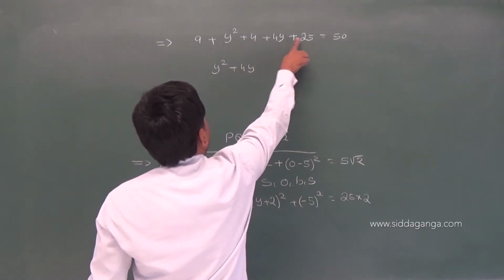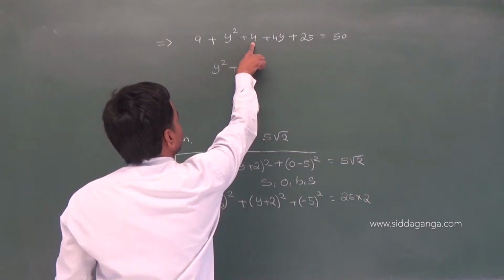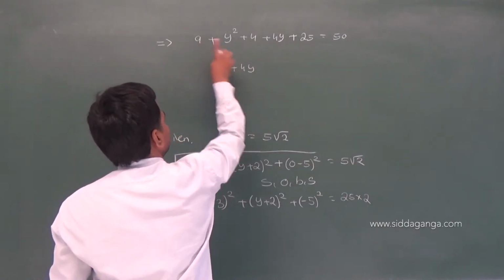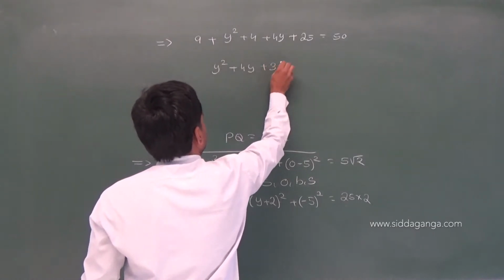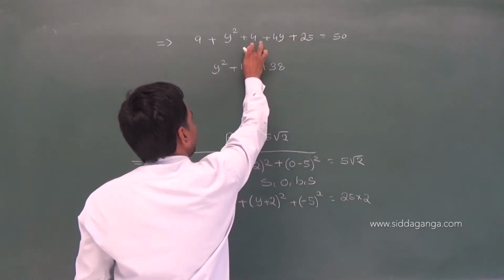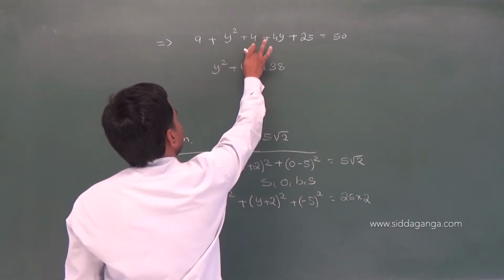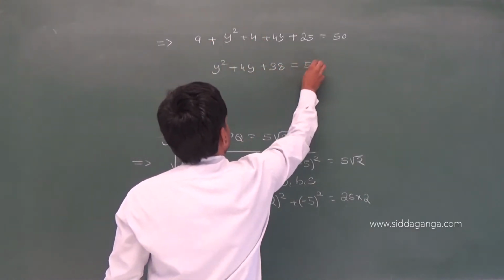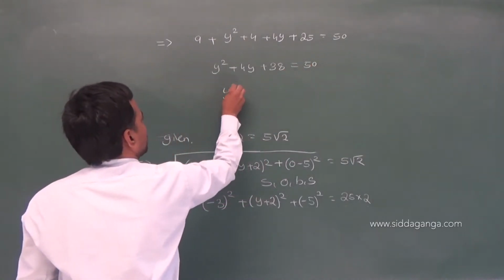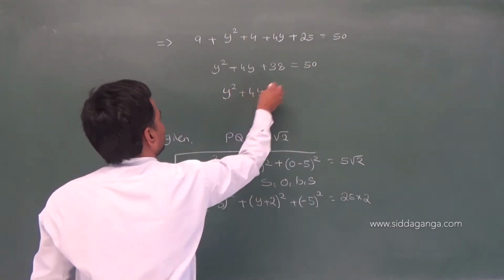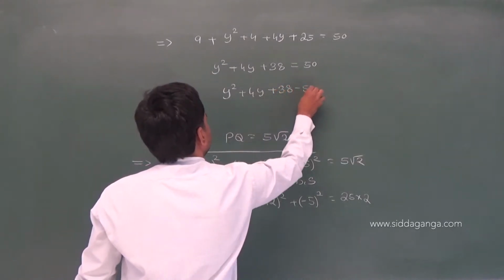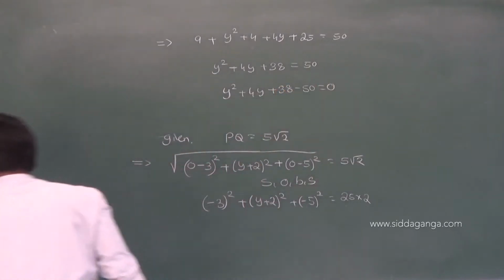Then 25 plus 4, how much? 29. 29 plus 9, 38. Y square plus 4y plus 38 minus 50 is equal to 0.